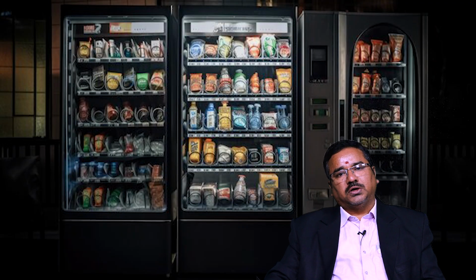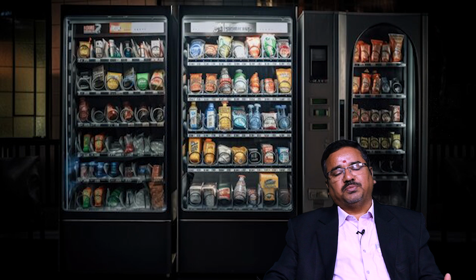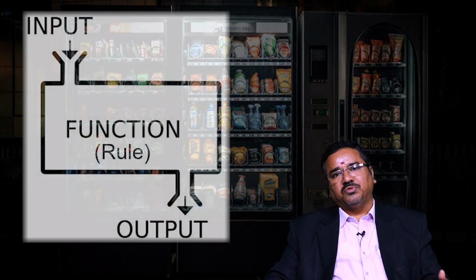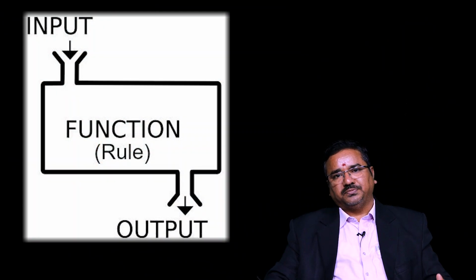So I quote one or two examples. Recently I visited IIT Madras. At lunchtime I saw a machine there, the vending machine kiosk. The person scanned and selected the item, and it is displayed. The moment you give the input, it displays the output.